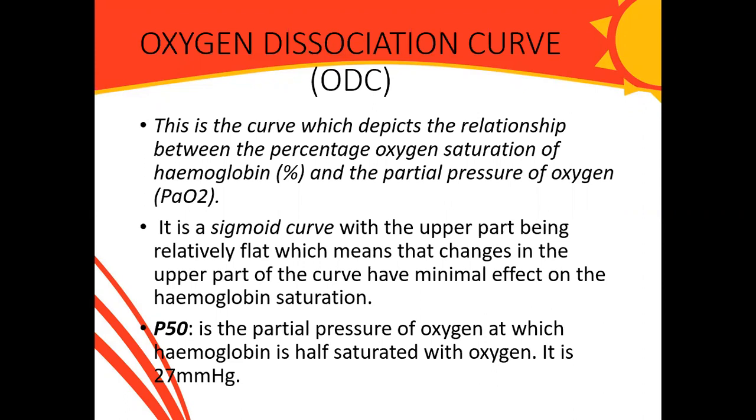So at this level, increases in partial pressure of oxygen do not reflect in a significant difference in hemoglobin saturation of oxygen. An important term here is the P50, which is the partial pressure of oxygen at which hemoglobin is 50% saturated with oxygen, and it is given as 27 millimeters of mercury at 26.5.